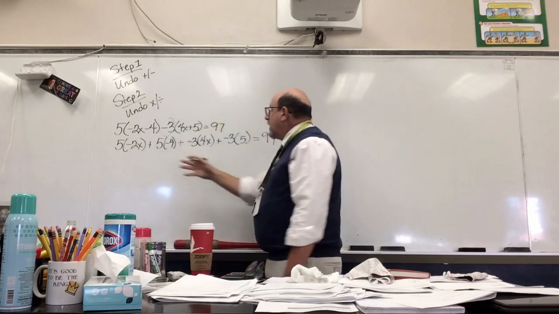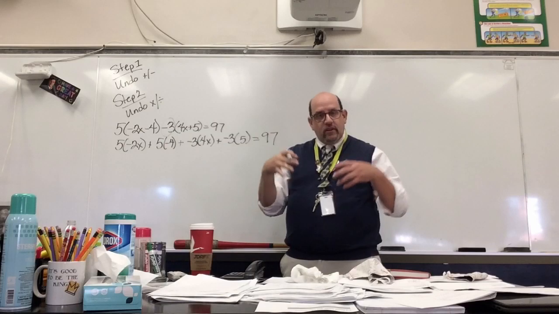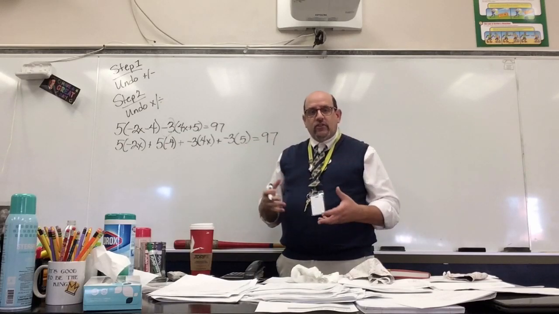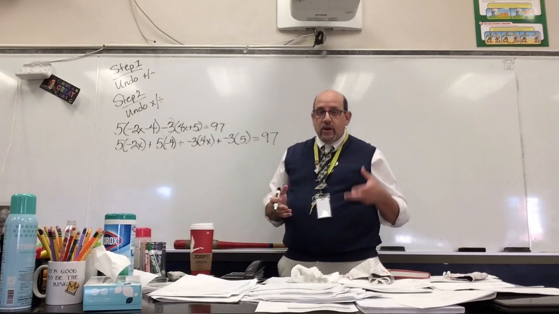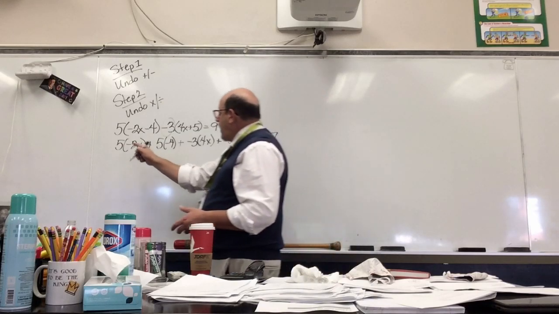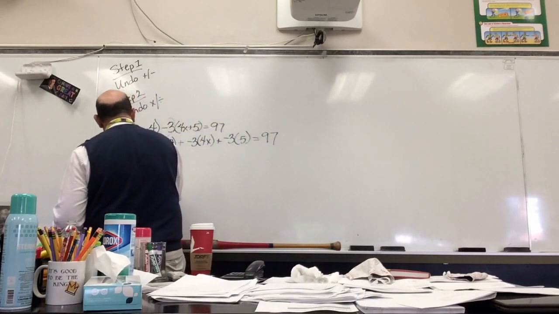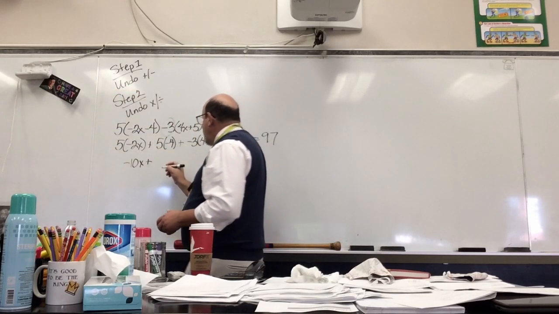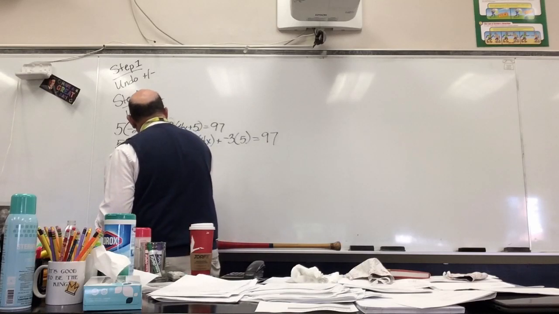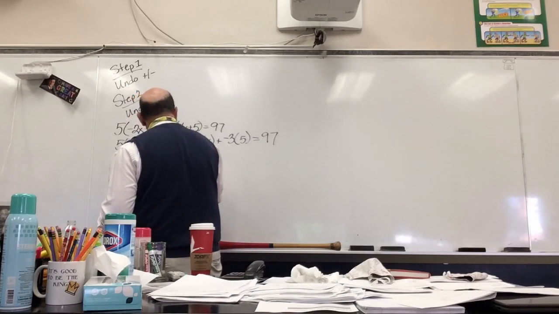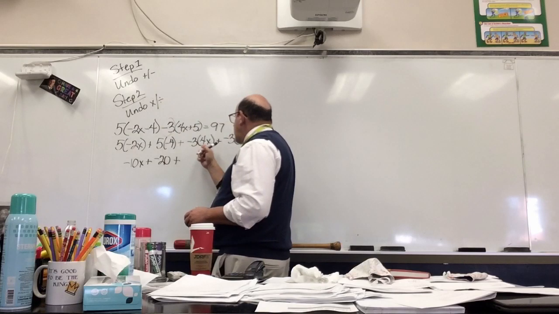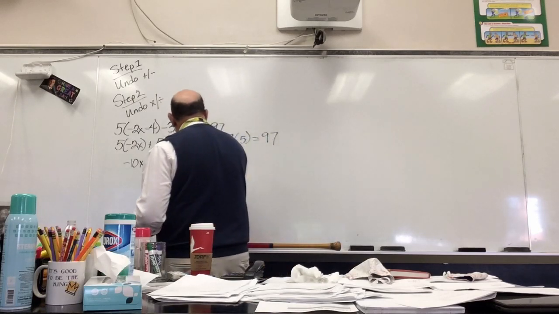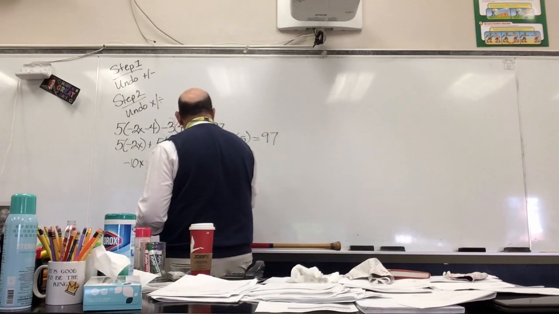Now this is more work, right? You have to do a couple of extra steps to get to that two-step equation, and here we go. 5 times negative 2x is negative 10x. We're going to add to it 5 times negative 4, which is negative 20. We're going to add to it negative 3 times 4x, which is negative 12x.